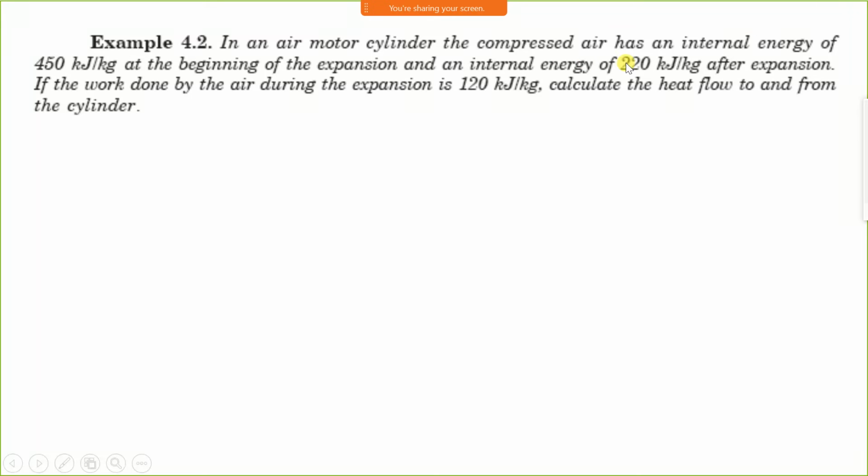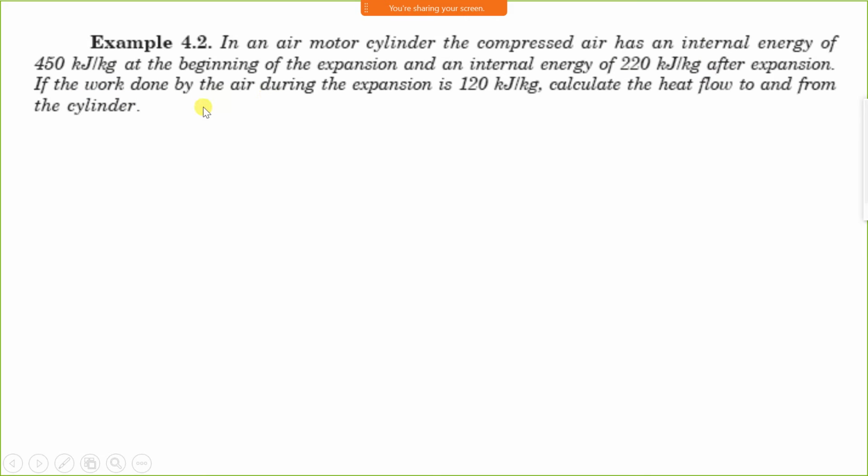Air has an internal energy of 450, the initial internal energy U1, at the beginning of expansion. And the internal energy is 220 kilojoule after expansion. Before expansion internal energy is 450, after expansion internal energy is 220. Means U1 is 450, U2 is 220 kilojoule per kg.